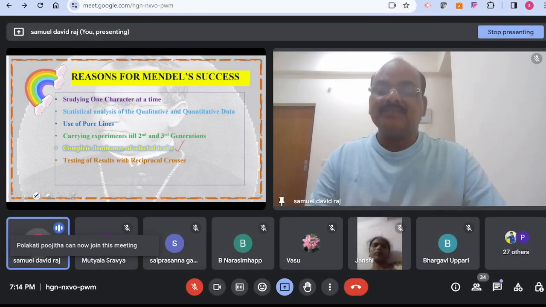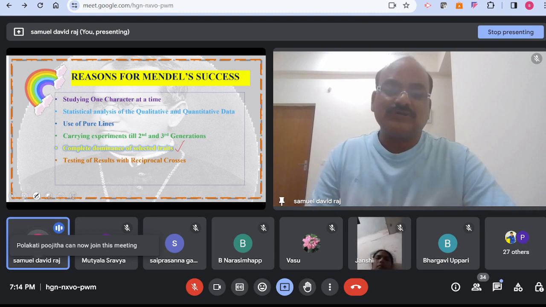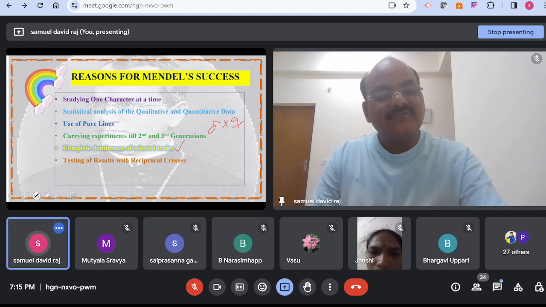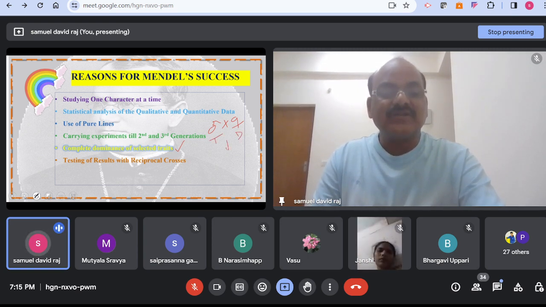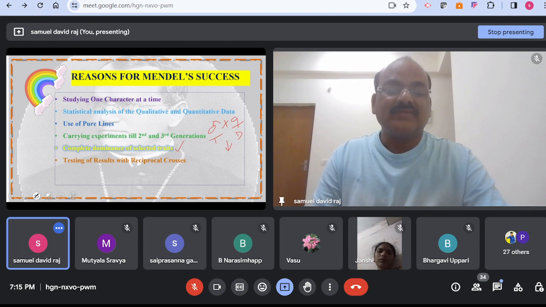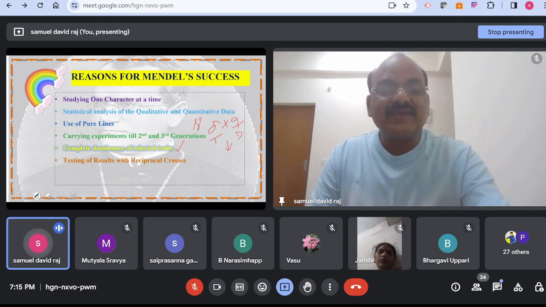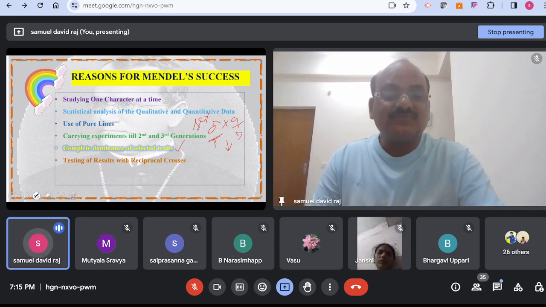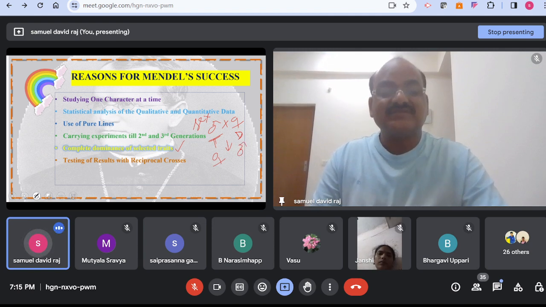And the next thing is testing of results with reciprocal crosses. So everyone before Mendel crossed a male plant with a female plant, and they saw how the characters were transmitted to the next generation. Nobody tested the influence of sex on the inheritance of characters. But what did Mendel do? He took the same tall and dwarf plants, but in the next cross, he reversed the sexes.